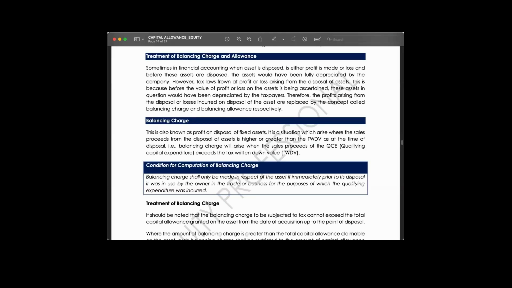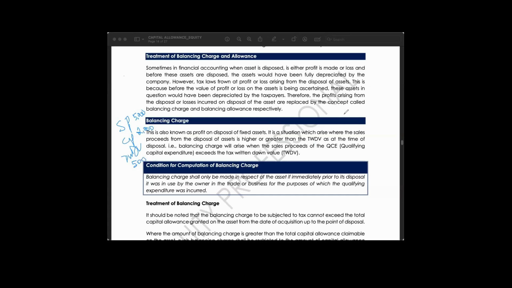Assuming your sales proceed is 5,000. Cost price 2,000. Tax nominal value at disposal 500.